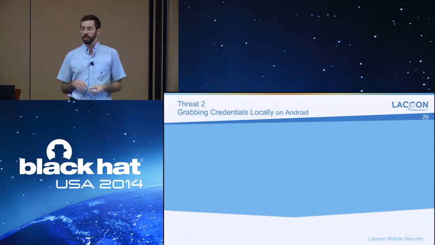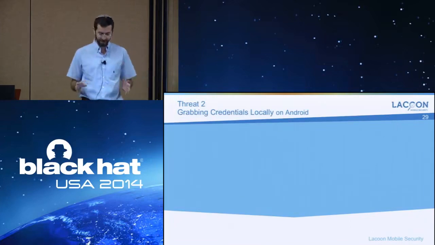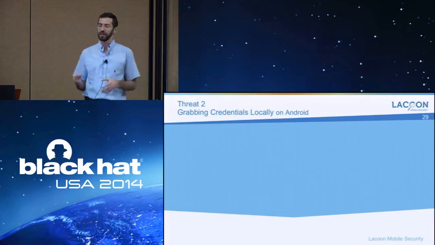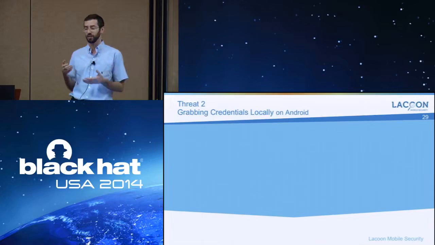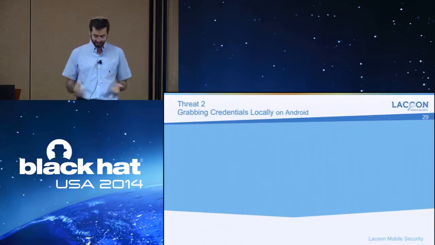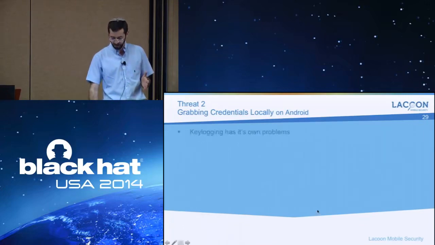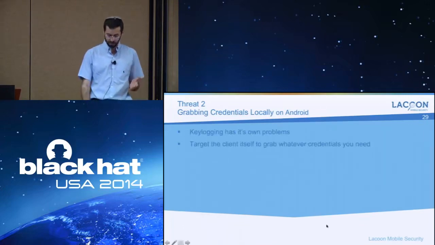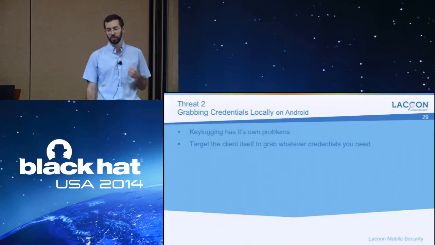We're not going to get into this too much because we don't want to talk too much about specific implementations, but some of these implementations do allow the device to save the username and password locally, and they don't necessarily save it in the most secure way. But let's pretend they're doing things properly. Like I said, keylogging has its own problems, so we basically want to target the client and get the credentials without assuming that the user is going to be using our keyboard to insert the credentials.